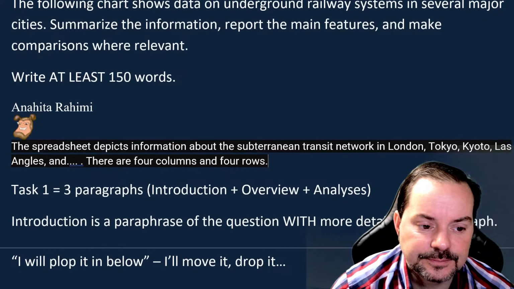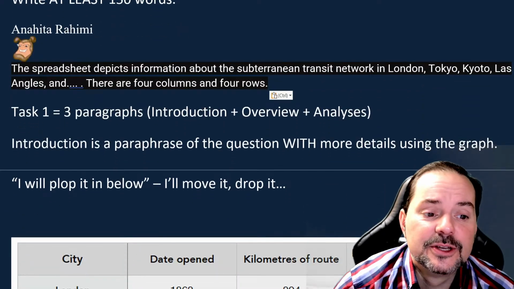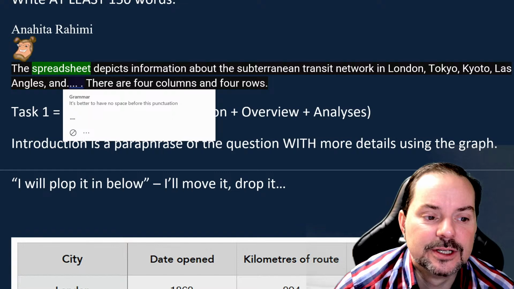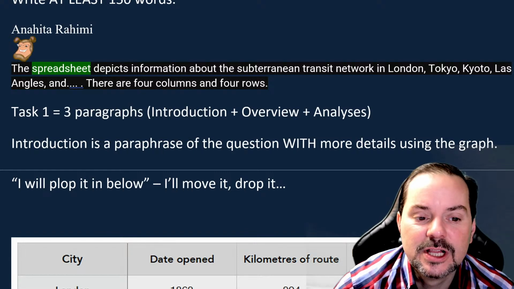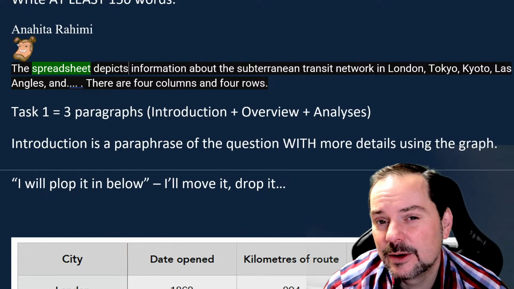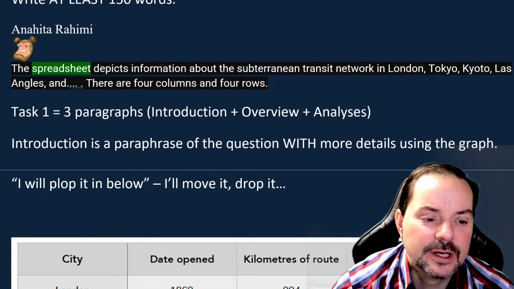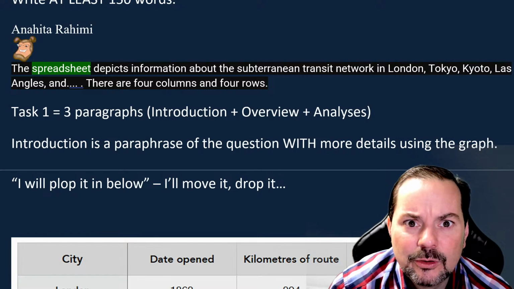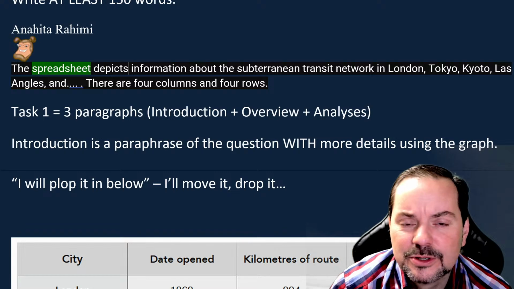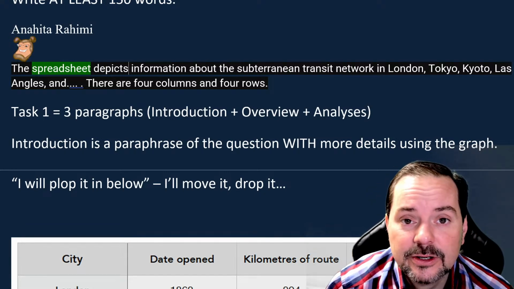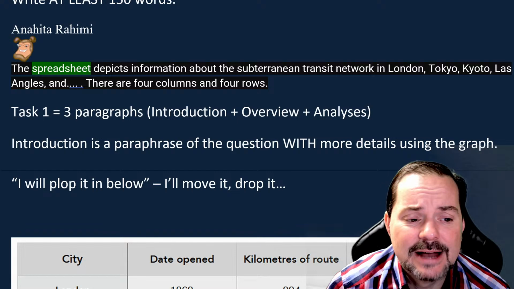Okay. Anahita writes, the spreadsheet, I love that word, spreadsheet. It is a spreadsheet. That's good. The spreadsheet depicts information. And students, please don't write words like below or on the paper. That's really weird. Okay. It's like, yeah, okay, it's on the paper or it's on the computer screen. And it's below, but it's not below me. I don't see it there. Okay, so don't write the location of graphs into an essay.